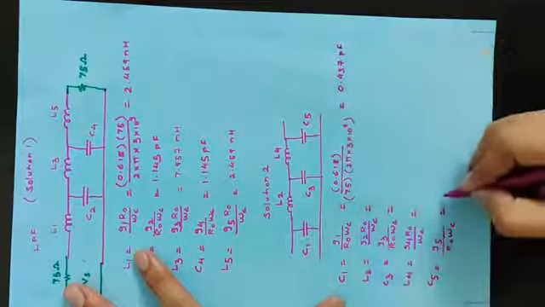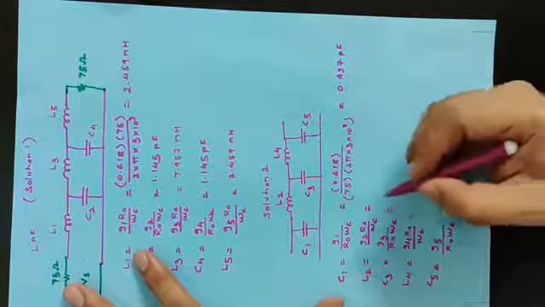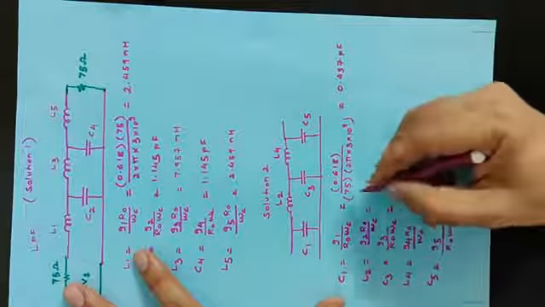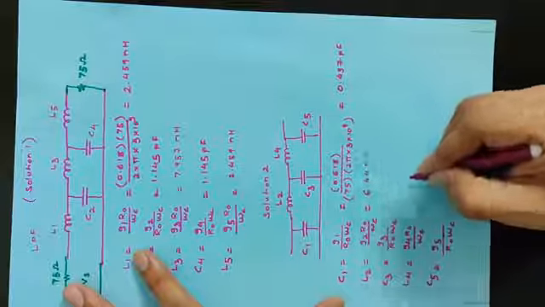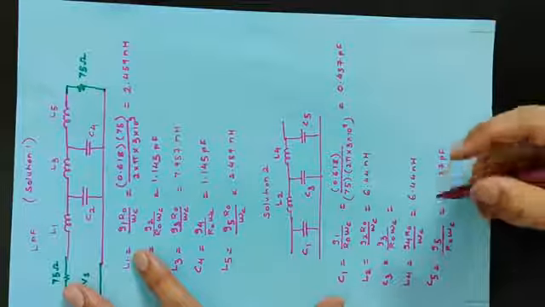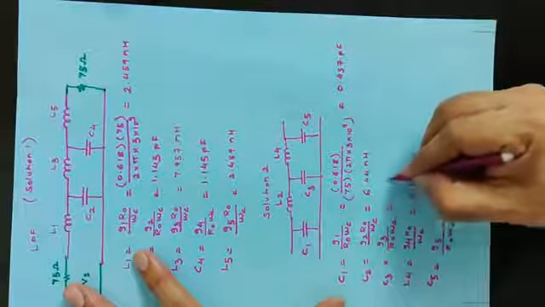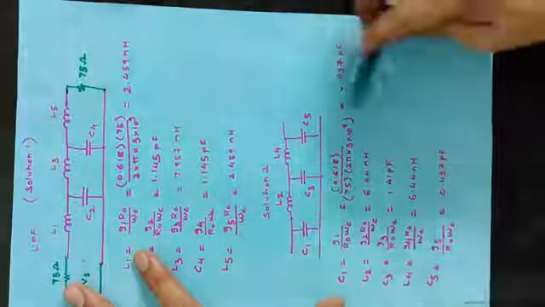So C1 will be equal to C5. L2 turns out to be 6.44 nanohenry, and C3 turns out to be 1.41 picofarad. So these are the component values.